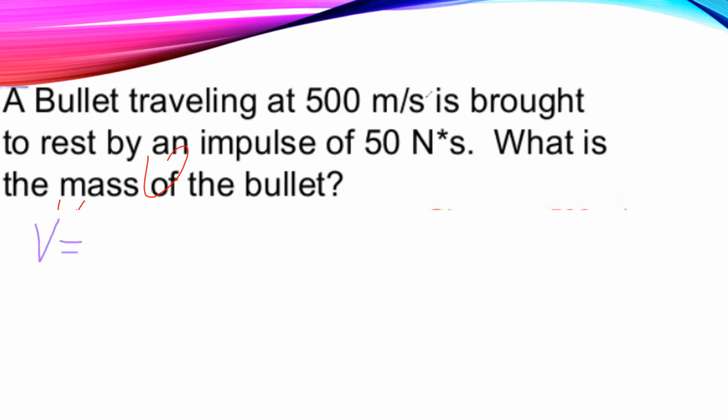So here the velocity is 500. The impulse here is 50. They ask me now to find the mass.